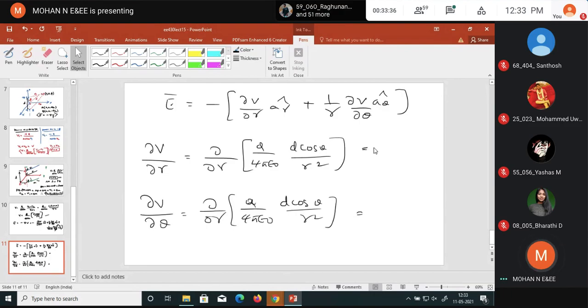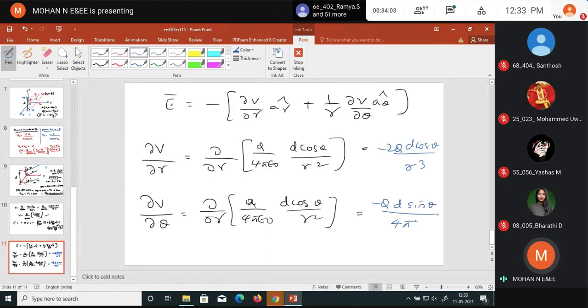It is nothing but minus 2 Q d cos θ by R cube, and minus Q d sin θ by 4πε₀ R², and this also gets 4πε₀.